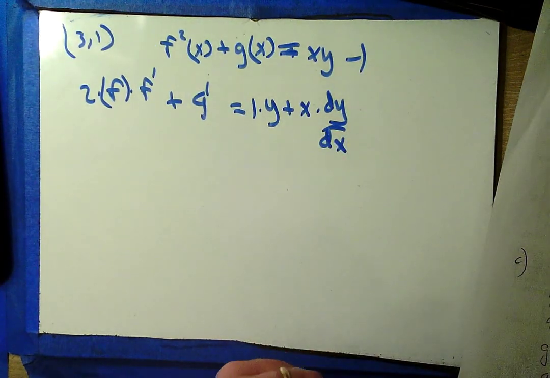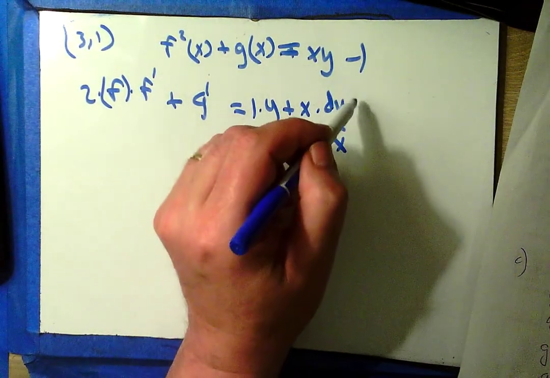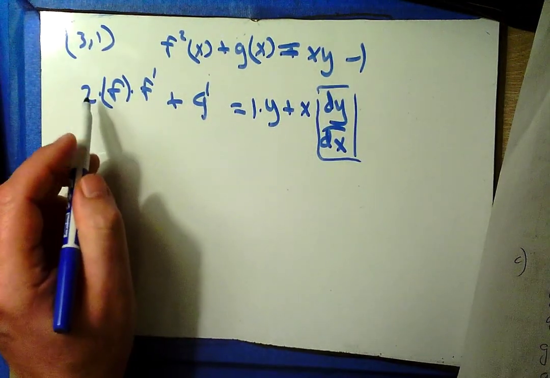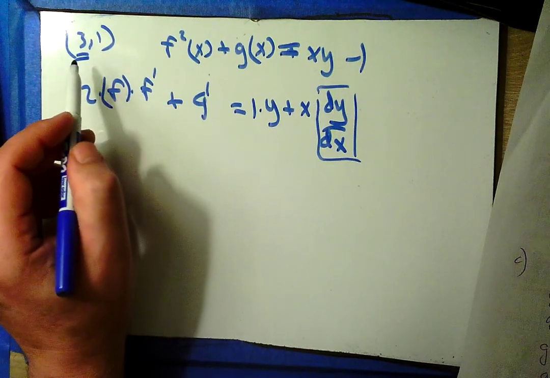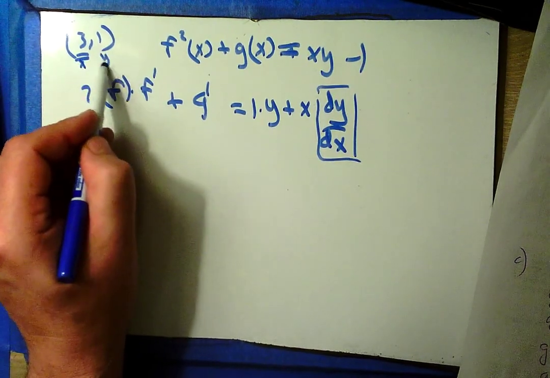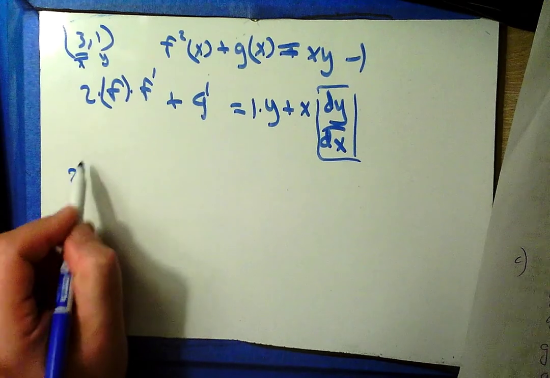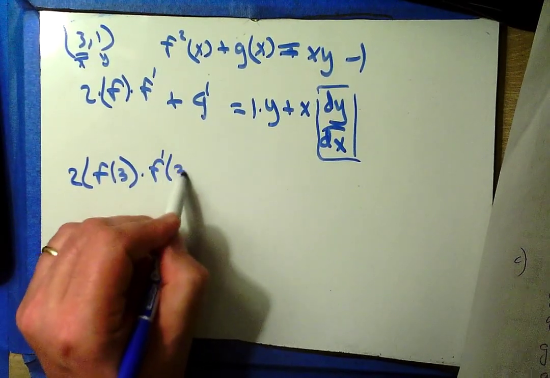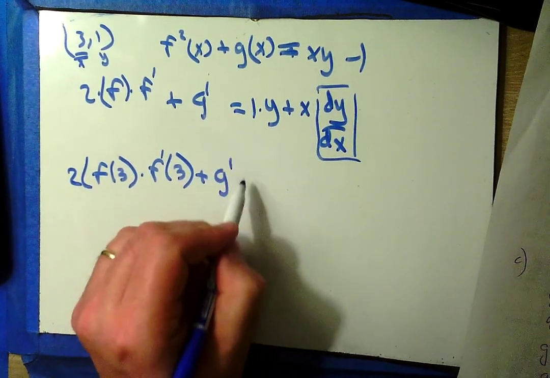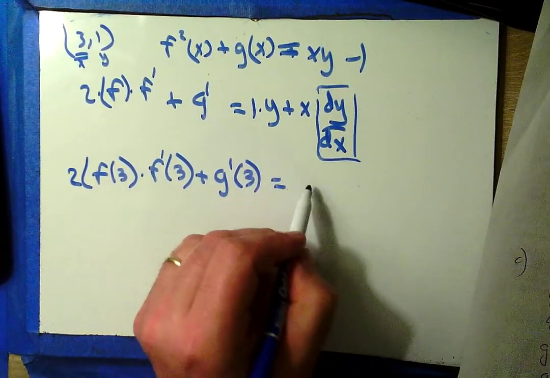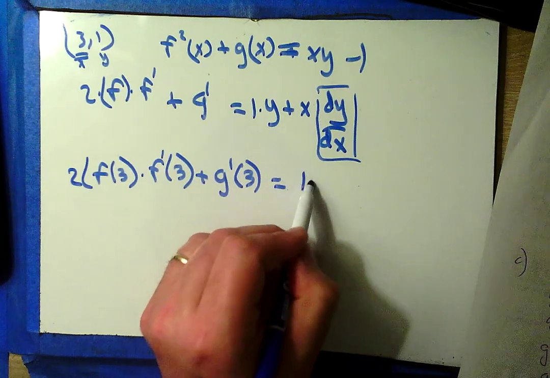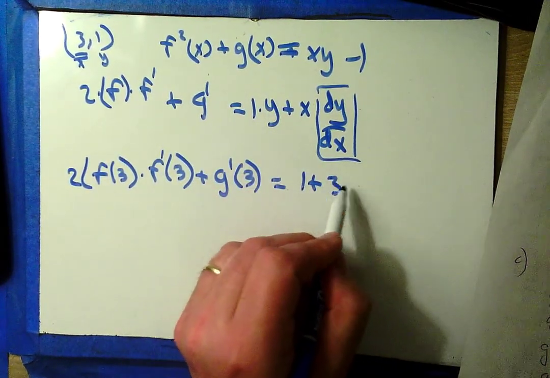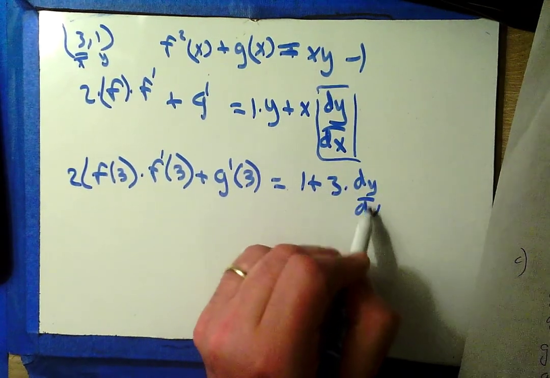Okay, so I'm looking for dy dx. I need to plug in 3 for all the x's and 1 for all the y's. So I've got 2 times f of 3 times f prime of 3 plus g prime of 3 equals 1 times 1 plus 3 times dy dx.